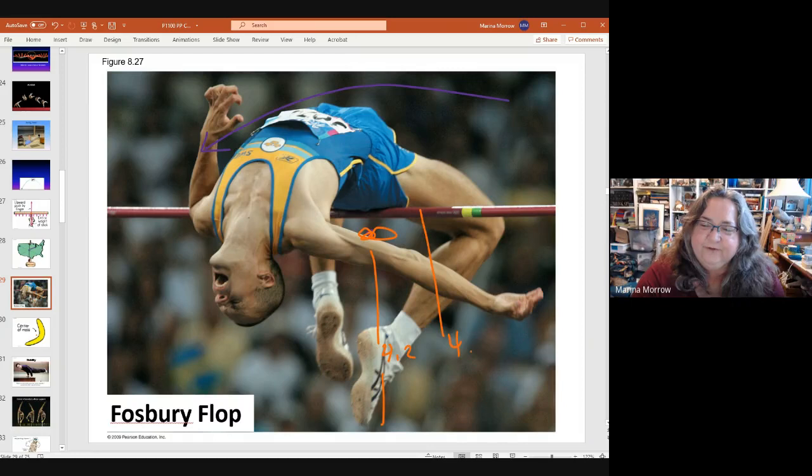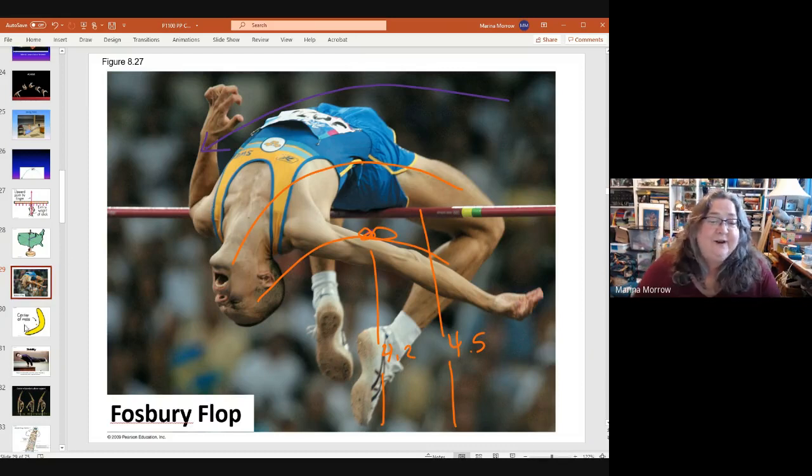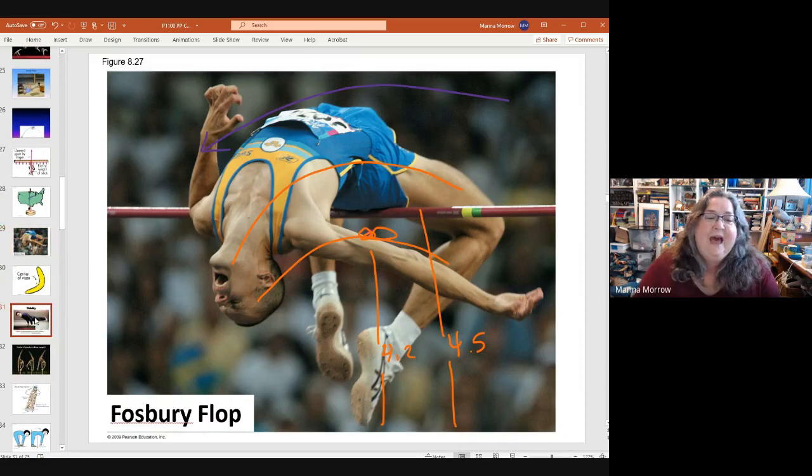Let's say it's 4'5". So he was actually able to get his body over the pole while his center of mass went under the pole. So his body went over, his center of mass went under. Anyway, so that means he didn't have to be as strong. He could get higher and get over that barrier. So anyway, then everybody started doing it, and then Fosbury wasn't really winning again.